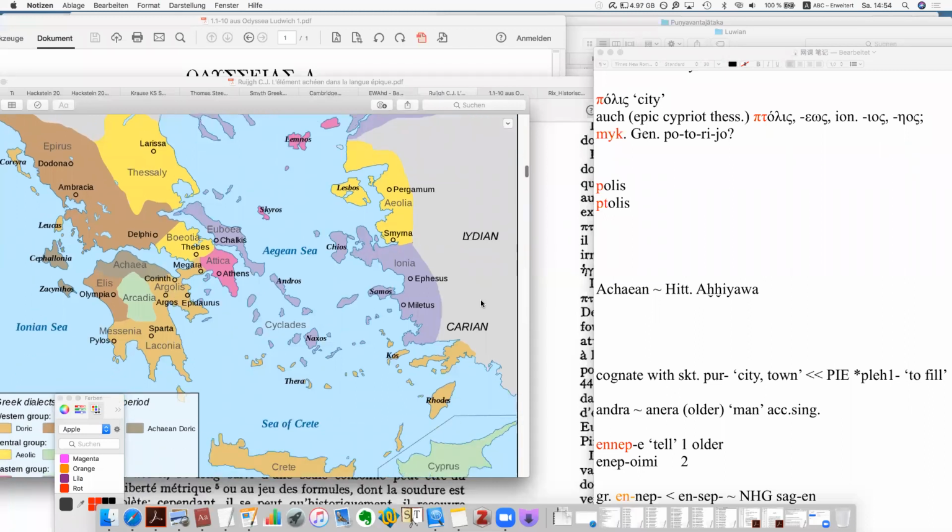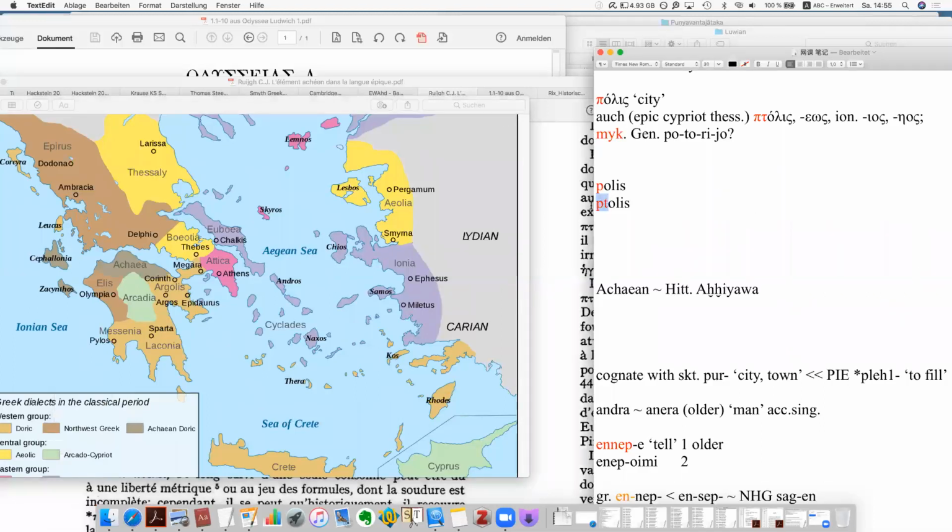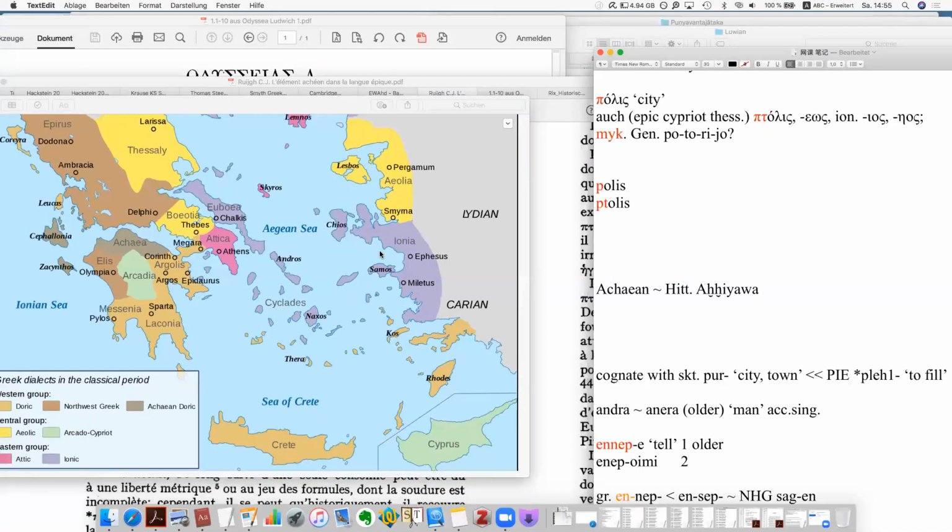So ptolis and ptolemos can be attributed to probably Mediterranean vocabulary, influenced by other languages.